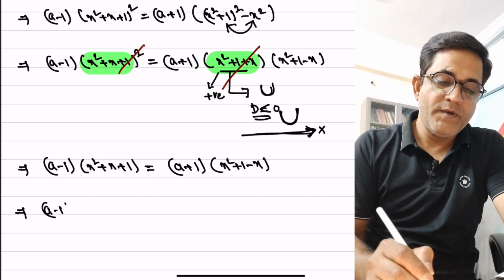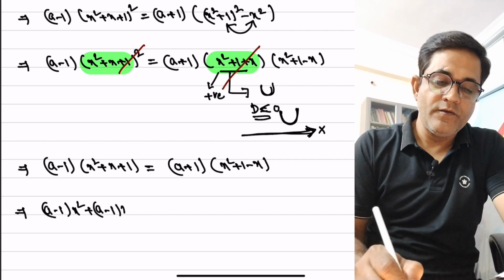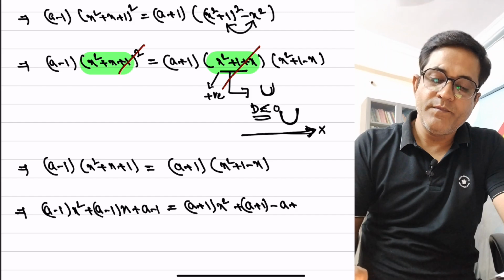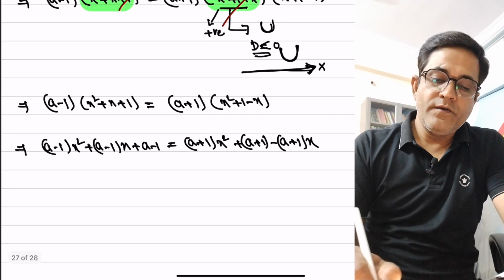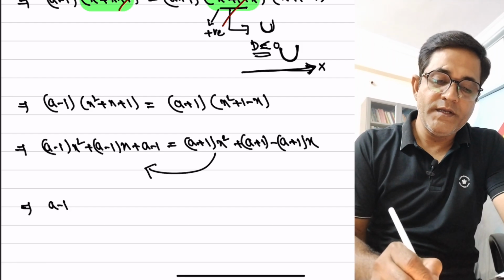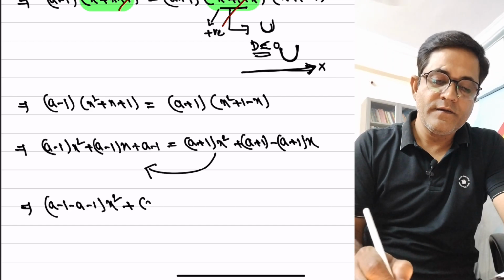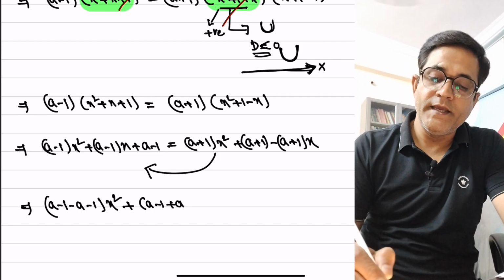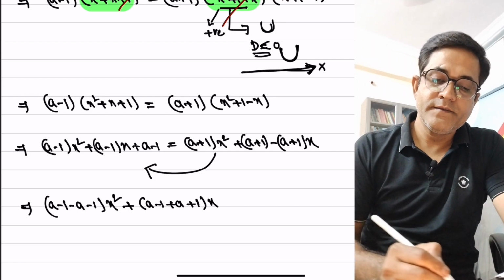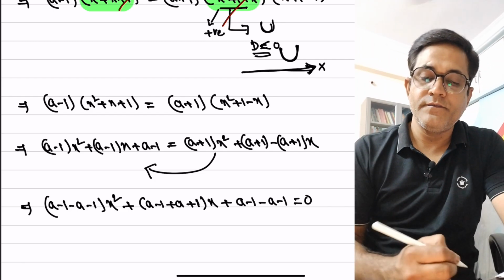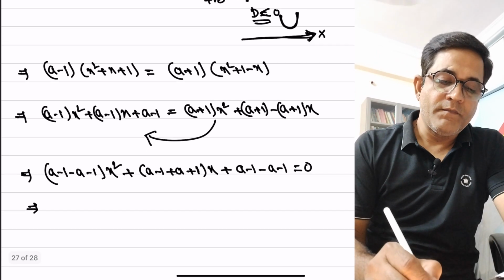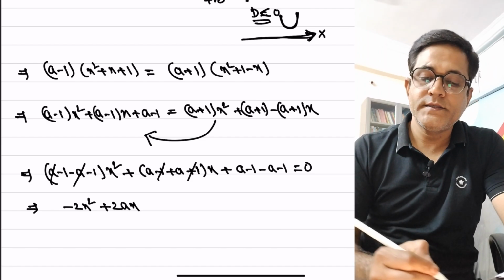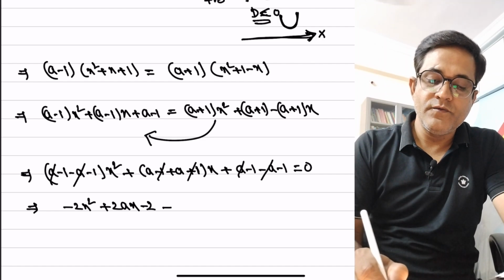Now open the bracket: (a − 1)x² + (a − 1)x + (a − 1) = (a + 1)x² + (a + 1) − (a + 1)x. Take all terms to the left side: (a − 1 − a − 1)x² + (a − 1 + a + 1)x + (a − 1 − a − 1) = 0. Here −a and +a cancel, giving −2x², plus 2ax, minus 2, equal to 0.